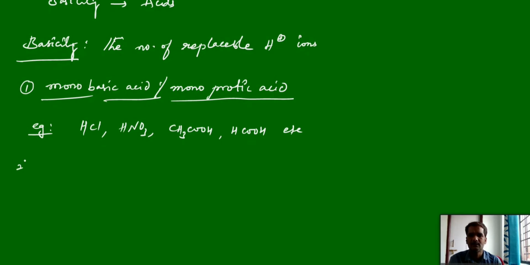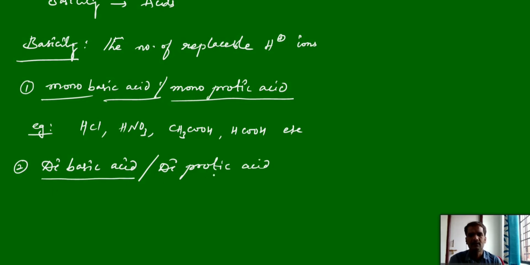Next, dibasic acid, or it is a diprotic acid. Dibasic acid or diprotic acid means what? The acid which can replace 2 protons is a dibasic acid or diprotic acid.